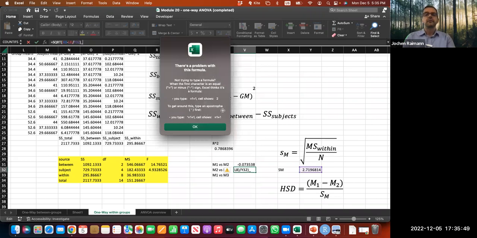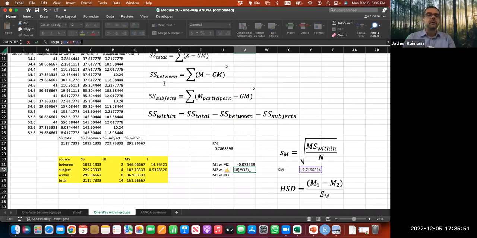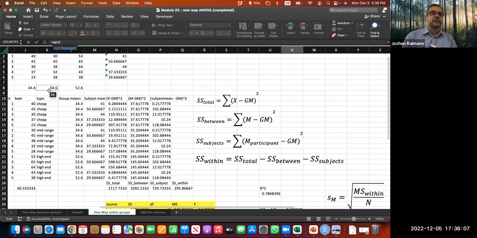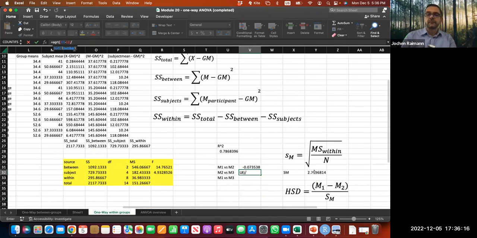Okay, let's do this again. SQRT. M2 minus M3, M2 minus M3 is divided by our SM within, bracket closed.